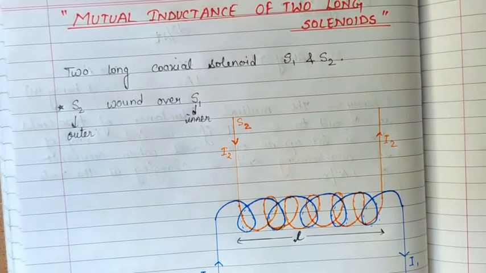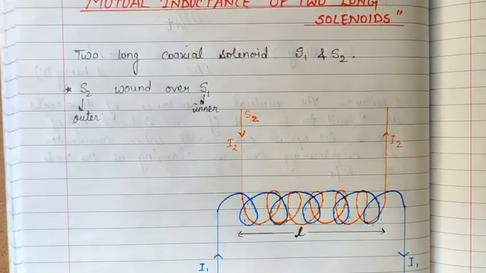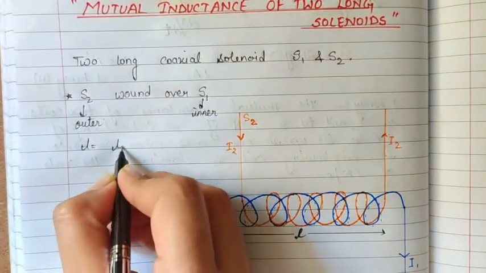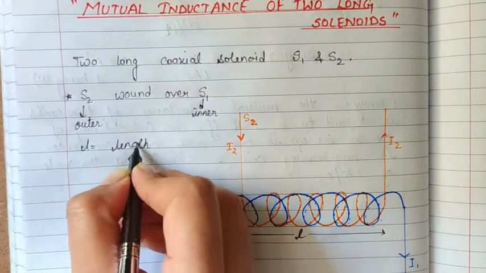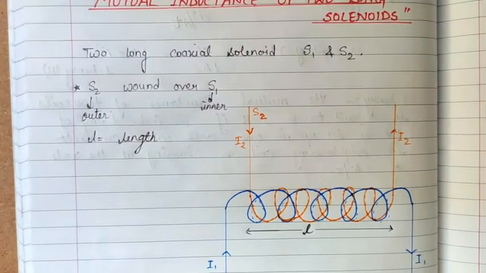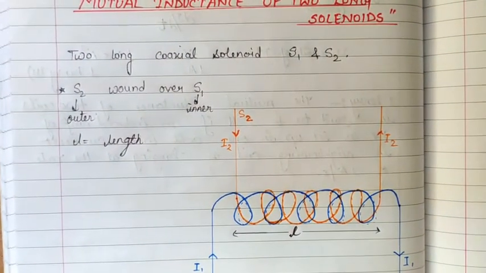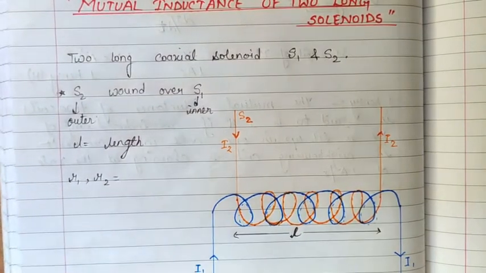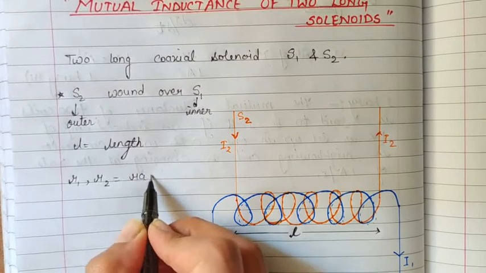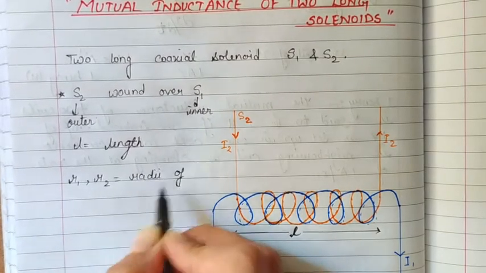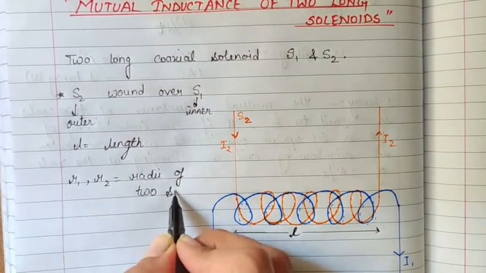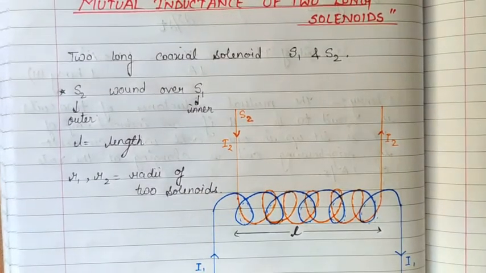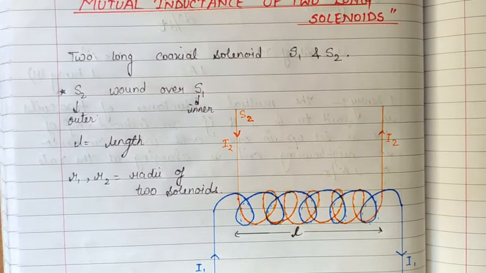L is the length of each solenoid. For both, this length is L, and R1 and R2 are the radii of the two solenoids. Length is common for both, and R1 and R2 are their radii respectively.